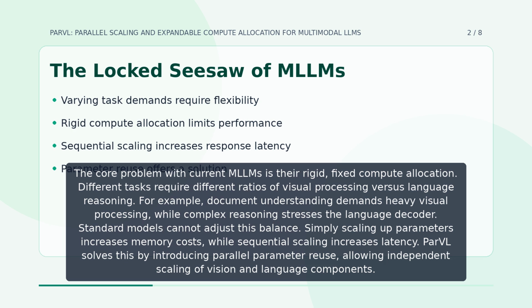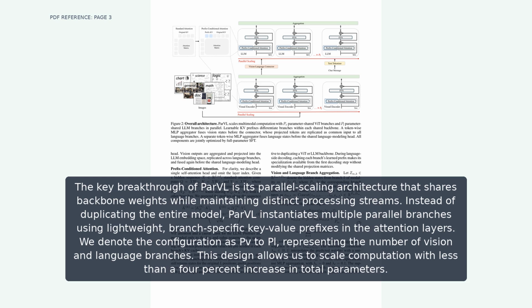Simply scaling up parameters increases memory costs, while sequential scaling increases latency. ParVL solves this by introducing parallel parameter reuse, allowing independent scaling of vision and language components. The key breakthrough of ParVL is its parallel scaling architecture that shares backbone weights while maintaining distinct processing streams.